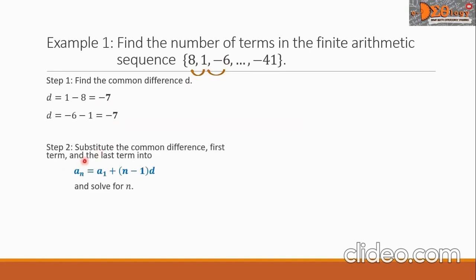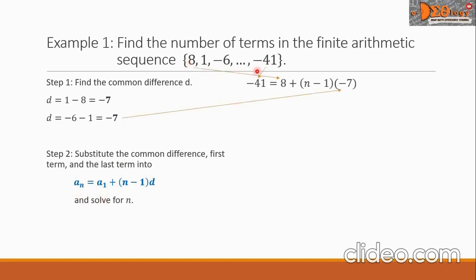Step 2. Substitute the common difference, first term and the last term, into this general term formula, then solve for n. A sub n is the last term, that is negative 41, and A sub 1 is the first term, that is 8.